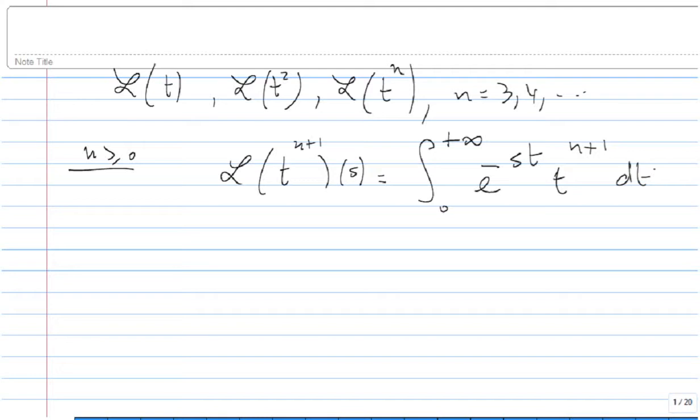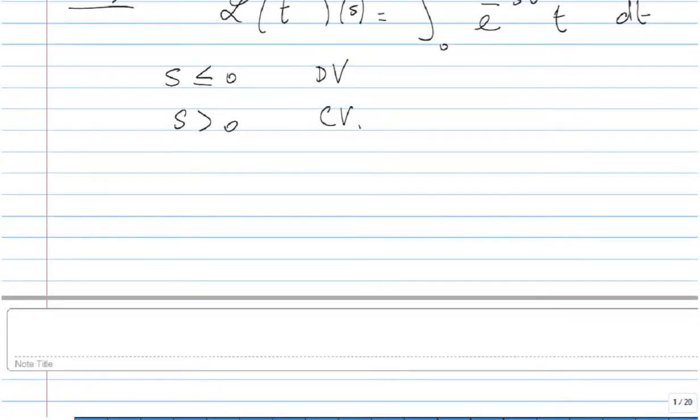Since n is greater or equal than 0, there is no other bad point except plus infinity. At plus infinity, we can easily prove that if s is less or equal than 0, we have divergence, and if s is greater than 0, we have convergence. So the domain of the Laplace will be s greater than 0.